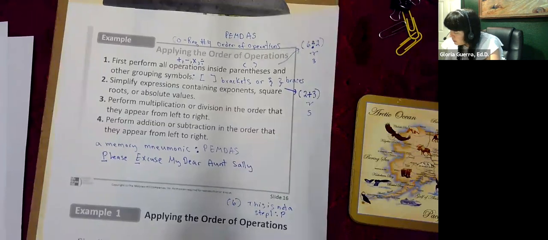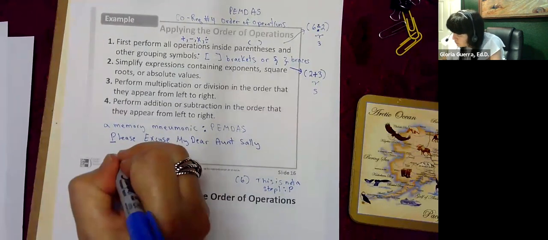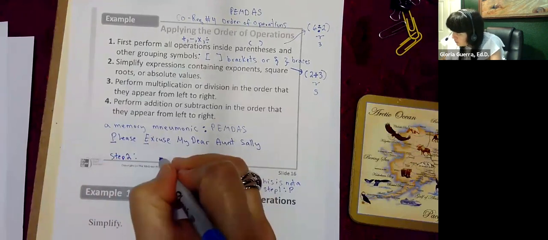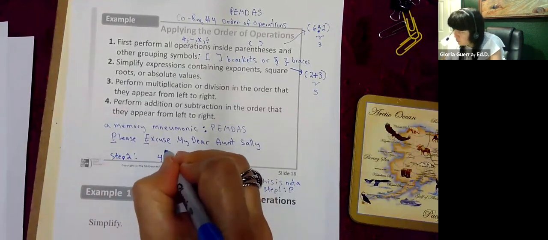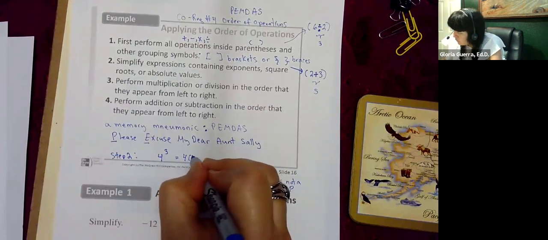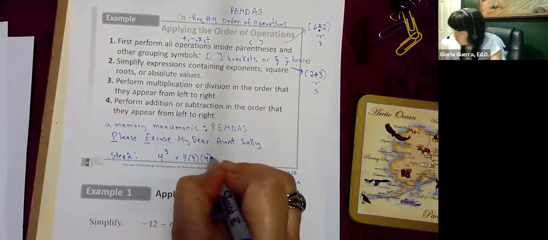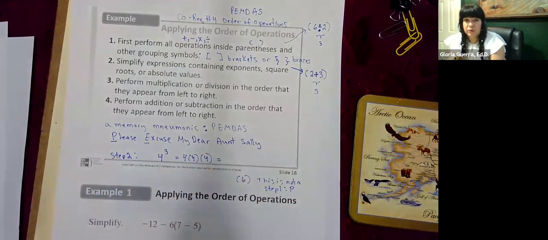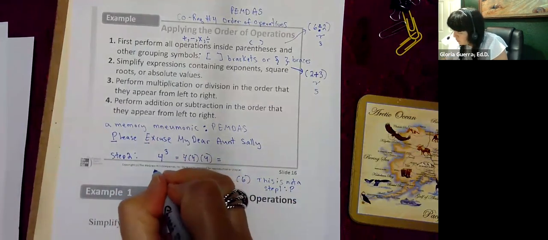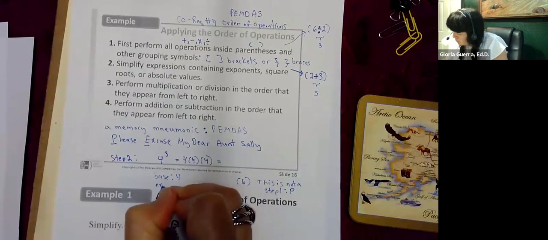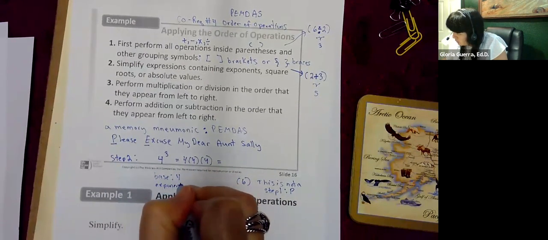So for the second step, just write some notes here. Exponents would be something like, let's say you had 4 cubed. This is 4 times 4 times 4, right? That's an exponent where 4 is called the base and the exponent is called the 3.